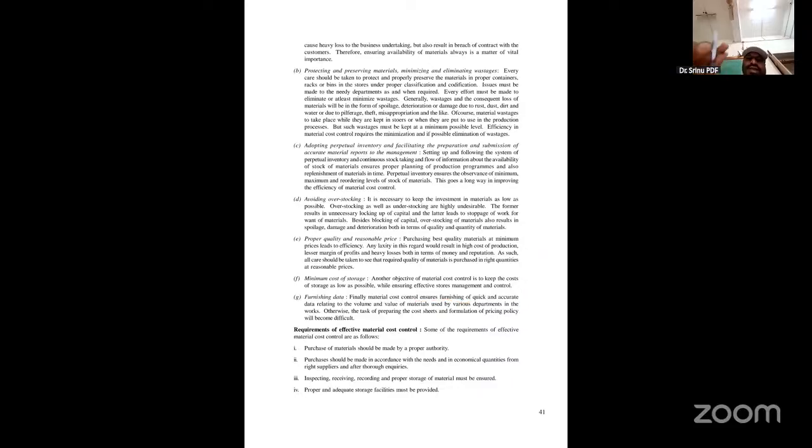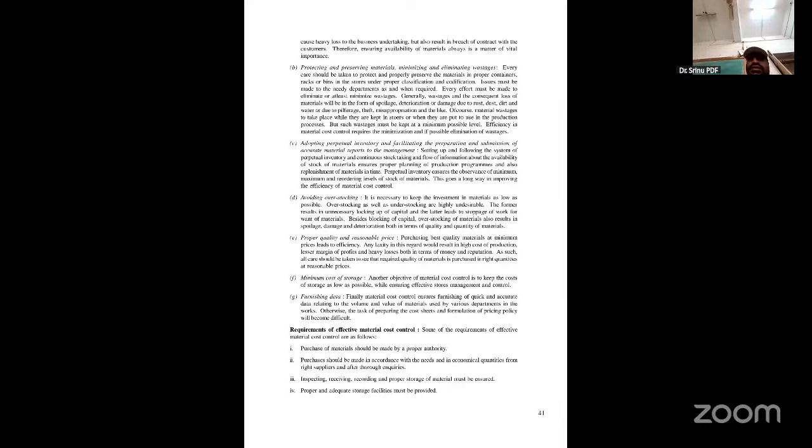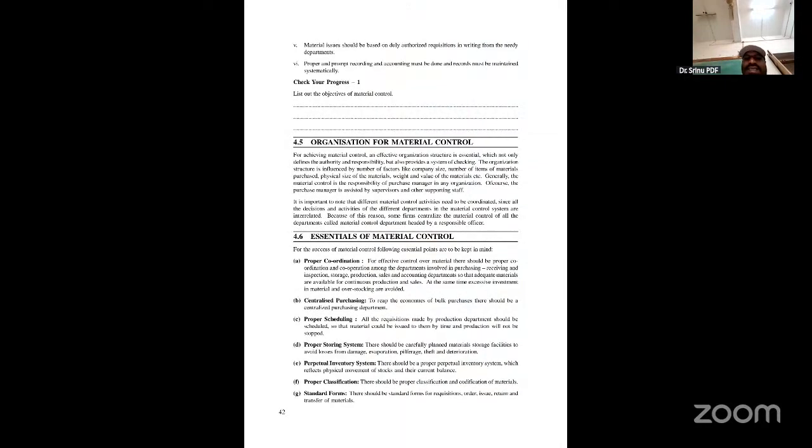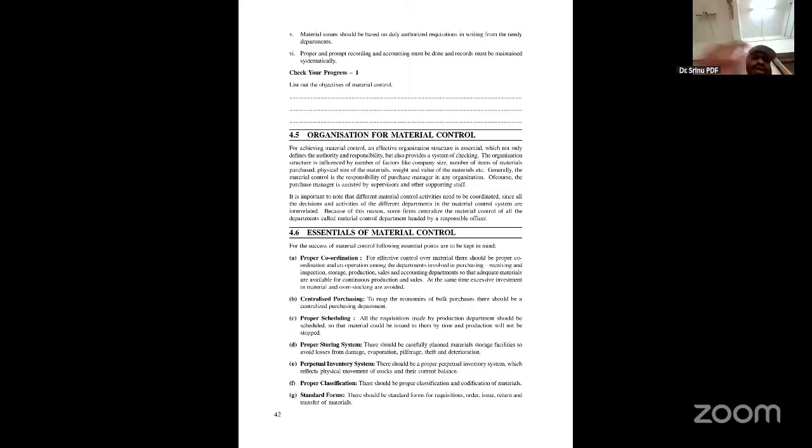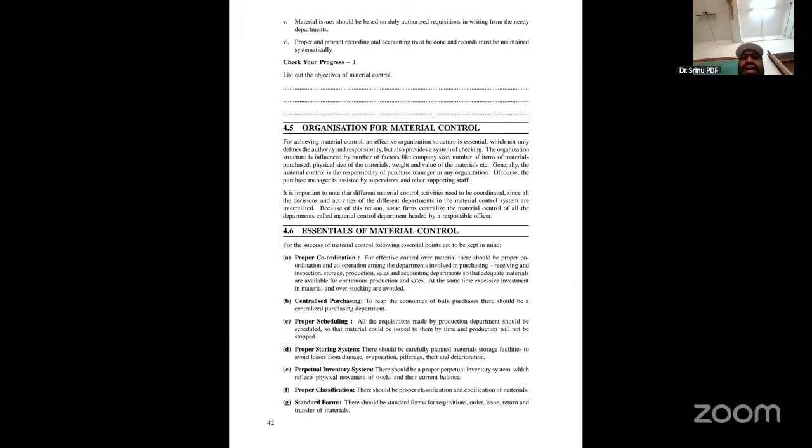Second one is essential material control. So material control, how are we going to coordinate? First of all, proper coordination is required from the production department to other departments. Is it clear?